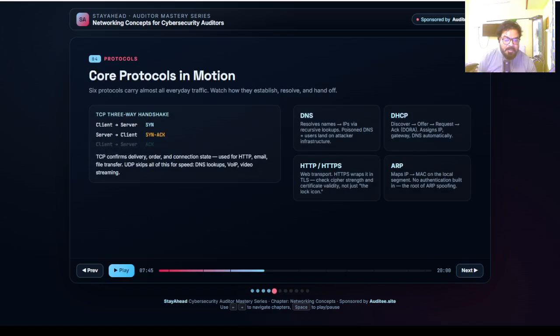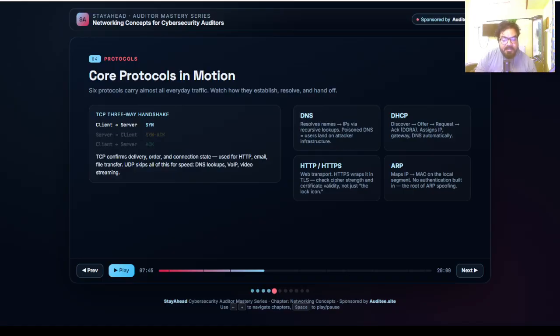Core protocols: six protocols carry almost all everyday network traffic. So let's watch how they actually establish a conversation. TCP begins every connection with a three-way handshake. The client sends a SYN, the server responds with a SYN-ACK, the client confirms with an ACK. Only after that handshake completes does real data start flowing.